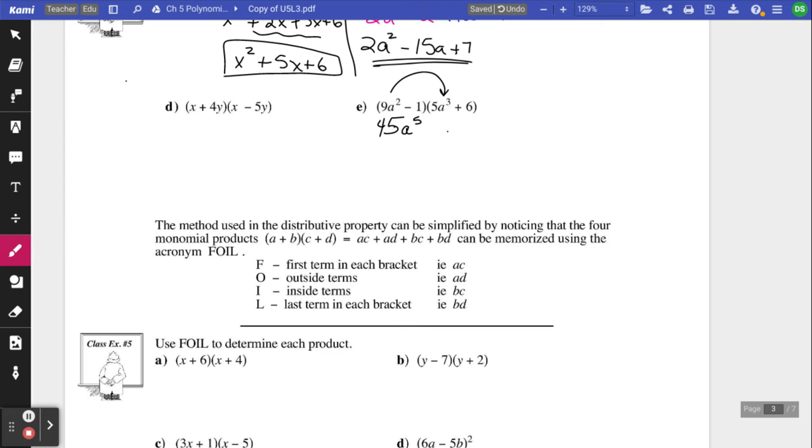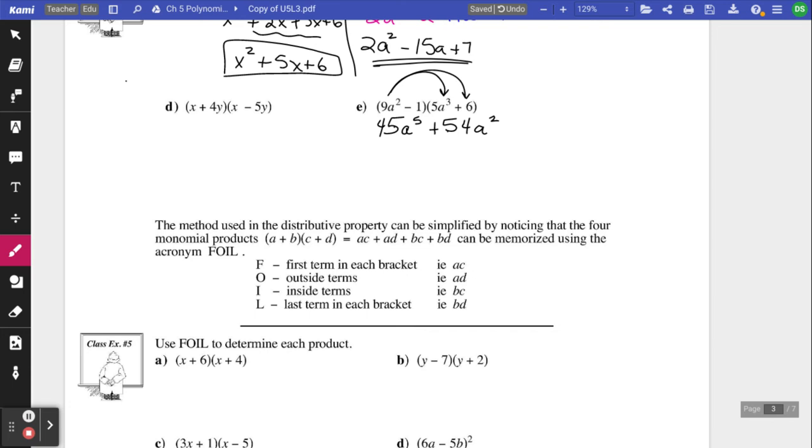Then we're still working on the 9a squared, which we multiply by the +6. So what's my sign? Plus 54a squared. Okay, write that down. Go. You saw me do it, now write it down. But we're not done. That's only the first 9a squared.